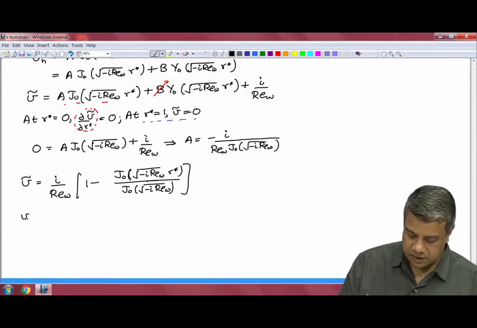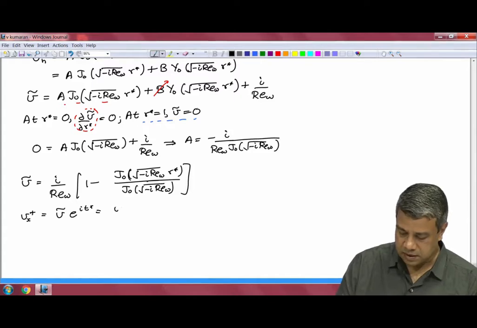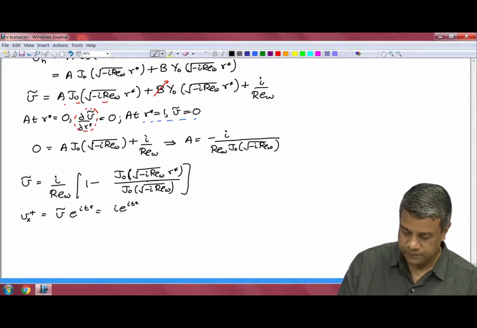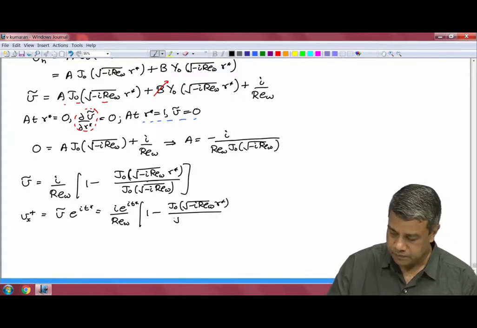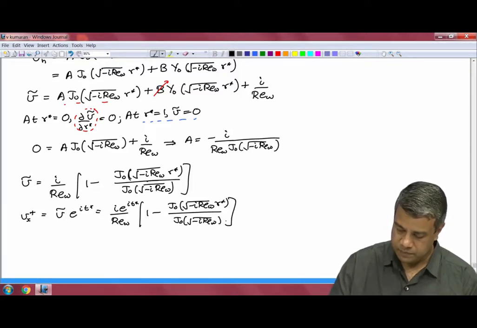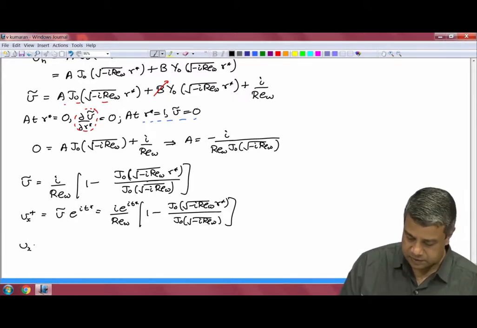Now, recall that V x plus is equal to V tilde times e power I t, which is I e power I t by r e omega into 1 minus j naught of root of... And the solution for Vx star is the real part of this.